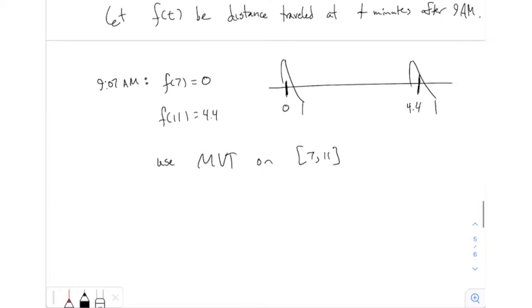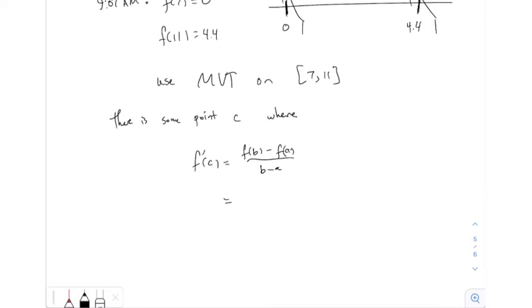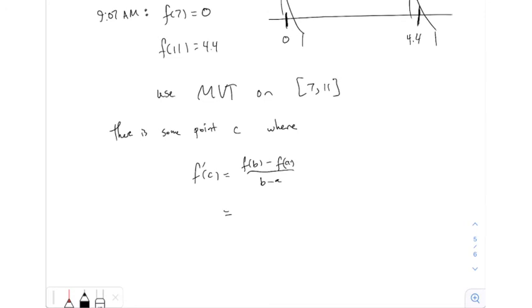So it says there is some point c where f prime of c equals this stuff. I'm just writing the mean value theorem again: f of b minus f of a over b minus a, which in this example is f of 11, which is 4.4, minus f of 7, which is 0, divided by b minus a, that would be 11 minus 7, right?